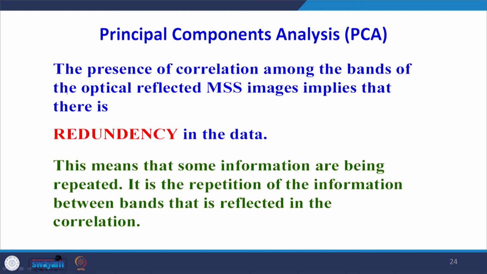So let me now explain the principal component analysis part. In principal component analysis, we are reducing the redundancy of the data. We are taking all 4 bands, let us say the example of MSS, which has been given in the literature also.